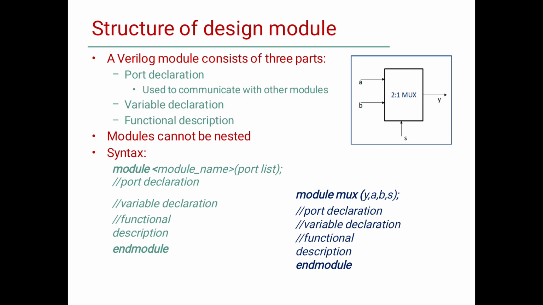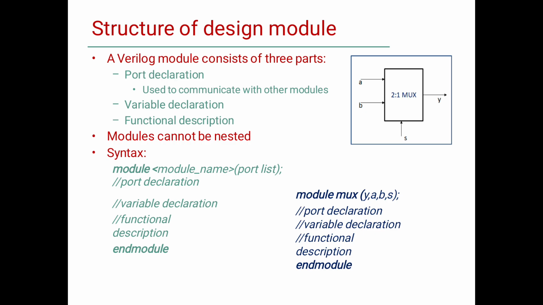As with the MUX, we can construct a full adder, encoder, decoder. Structure of a design module: a Verilog module consists of three parts. Port declaration, used to communicate with other modules, variable declaration, and functional description. Port declaration is nothing but input ports and output ports. Here for the MUX we have input ports A, B, and another input S, and output port Y. Variables: here A, B are considered input variables.